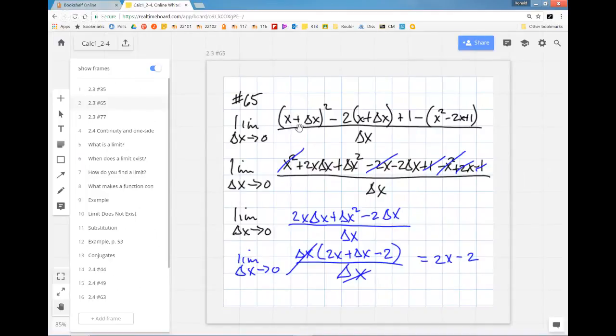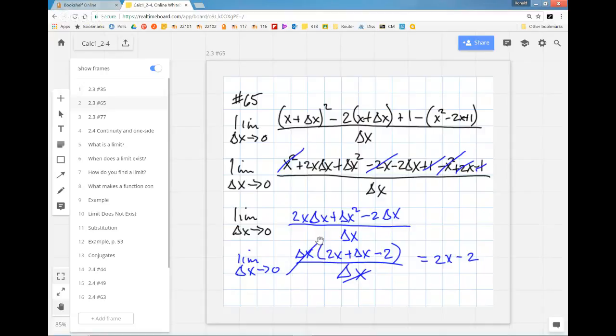So you go ahead and square x plus delta x, multiply out the -2 times x plus delta x, and you get this line. And you notice a number of things eliminate themselves. We've got a 2x and a -2x, a 1 and a -1, and an x squared and a -x squared. That leaves you with this line.